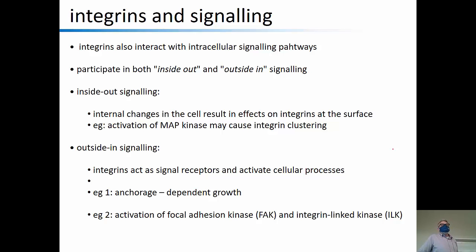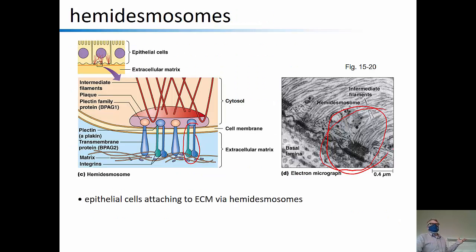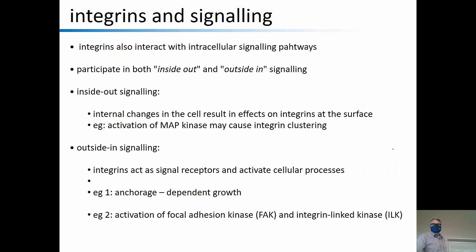When we look at inside-out signaling, internal changes lead to effects such as clustering of the integrins on the surface. So they respond to changes in the internal environment to cluster together. Okay? That might be important for, say, the formation of a hemidesmosome where we see that integrins are clustered.